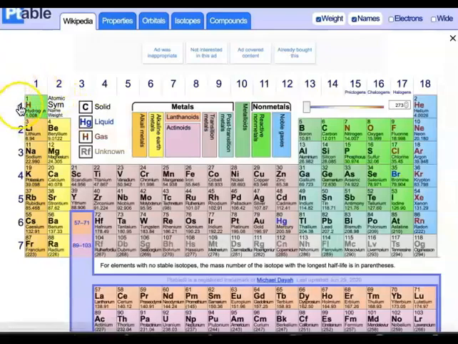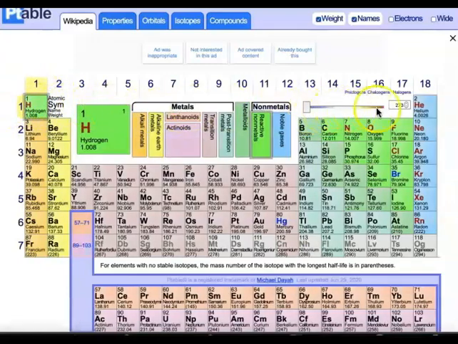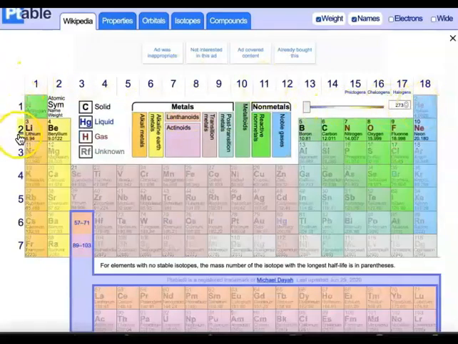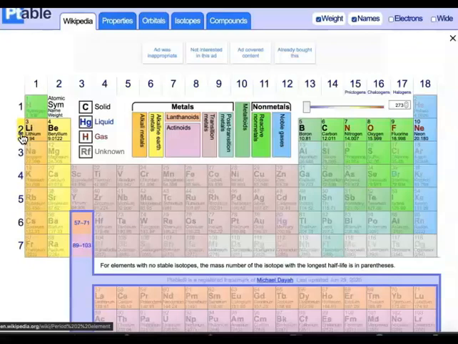So if you go in a horizontal row, for instance, you see that 2 right here, we highlighted everything in what's called the second period. And so we've got periods that go left to right, and we've got families and groups that go up and down.